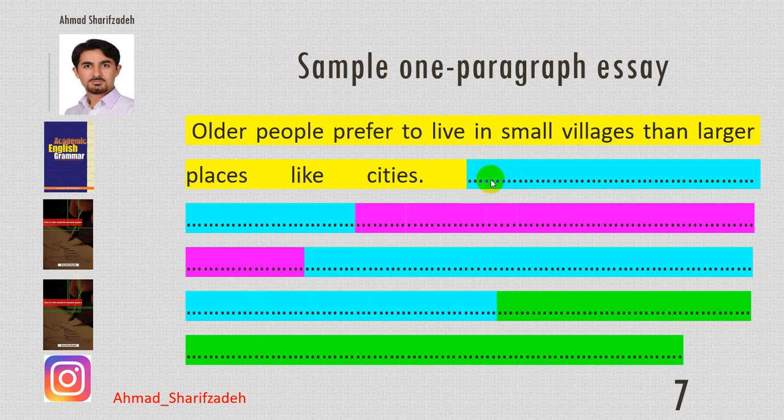This is the first reason: the fresh air. The second reason is the natural food, and the third reason is the easy access to parks and places they wish to go. Then you can add whatever you like as the fourth reason, the fifth reason, the sixth reason. There is no limitation on the number of reasons.